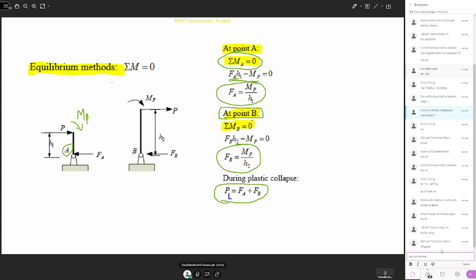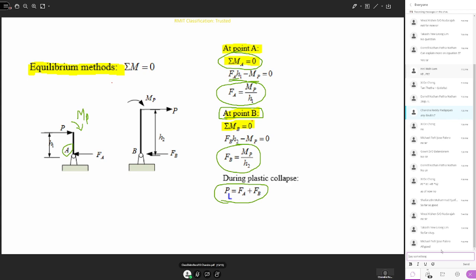Therefore, the plastic load is the sum of the two reactionary forces, FA and FB. Just substitute FA and FB and calculate, you will get the plastic load.